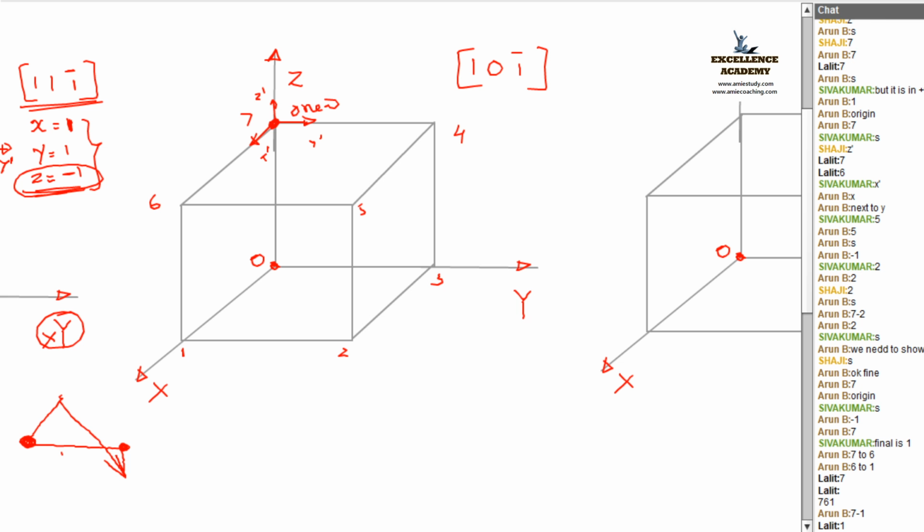Arun says that it is 7-1. Shivamar says that it is 7-1. What about others' opinion? Yes, it is right. 7-1 itself, right? First of all, you have to check what is the value of x. Yeah, x is equal to 1. Y is equal to 0. Stay there with your pencil. No need to move. Z is equal to minus 1, drop it downward. So this is the point, right? Draw it by means of a line with an arrowhead towards this one.